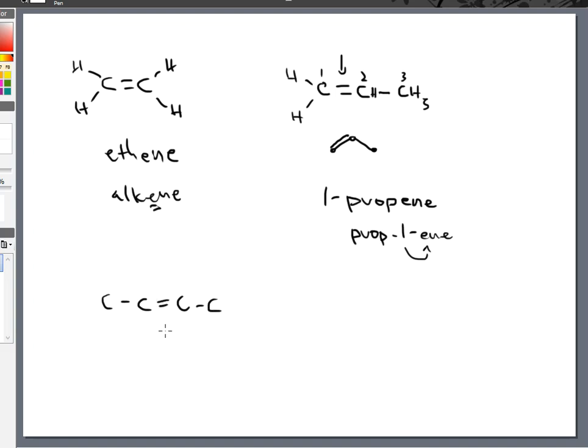So I'm leaving off the hydrogens here. If you don't want to leave off the hydrogens, this would be a CH3, and this carbon would be a CH because there's 3 bonds to it. It needs a 4th. And then this carbon would be a CH. So again, 3 bonds, leaves off a 4th. There's the hydrogen. And then my last one is CH3.